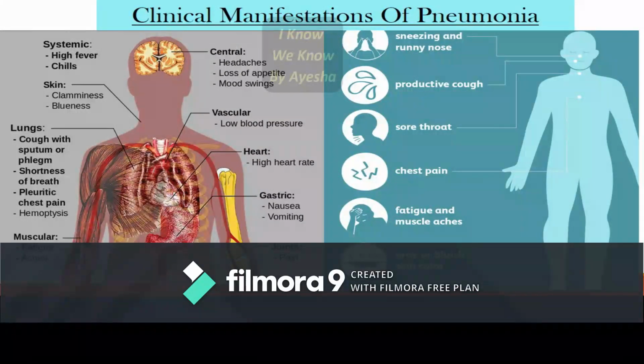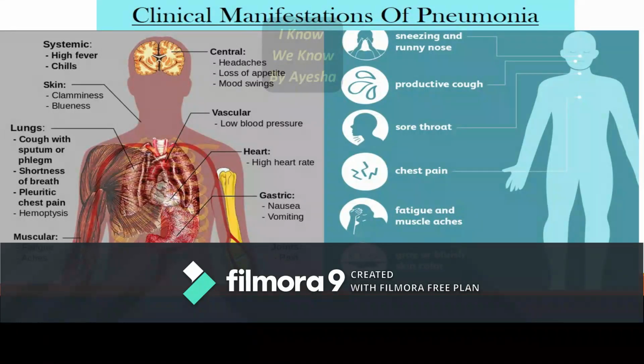With pneumonia, all the systems of the body will also be affected. In the central nervous system, there is severe headache, loss of appetite, and mood swings; in the vascular system, low blood pressure. In the cardiovascular system, there will be a high heart rate, tachycardia. Gastric: nausea, vomiting. Joints: severe joint ache.